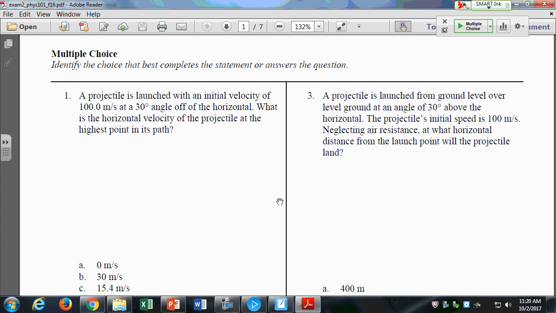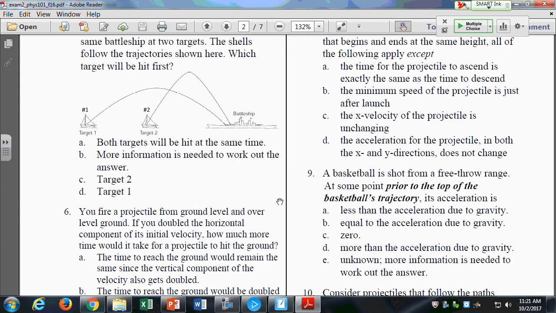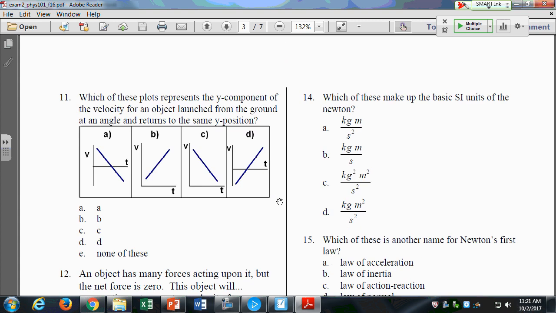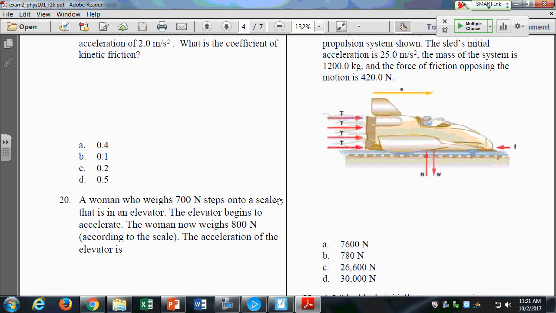I'm going to shift gears and look at projectile motion. Is that what you said? What did you say? Forces. Projectile motion? Okay, we'll do forces. We're going to come back to projectile motion now. Okay? Forces, y'all said, right? Forces? Okay. All right.